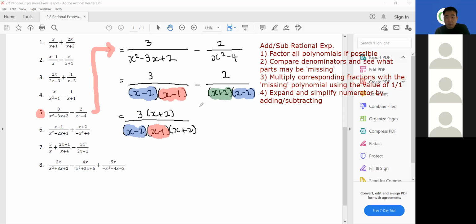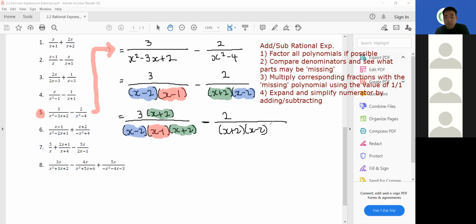And the x plus 2, I'm basically multiplying by 1, right? That's x plus 2 over x plus 2, which is a 1. So that comes there in the first fraction. Minus x plus 2 and x minus 2. That has always been there.